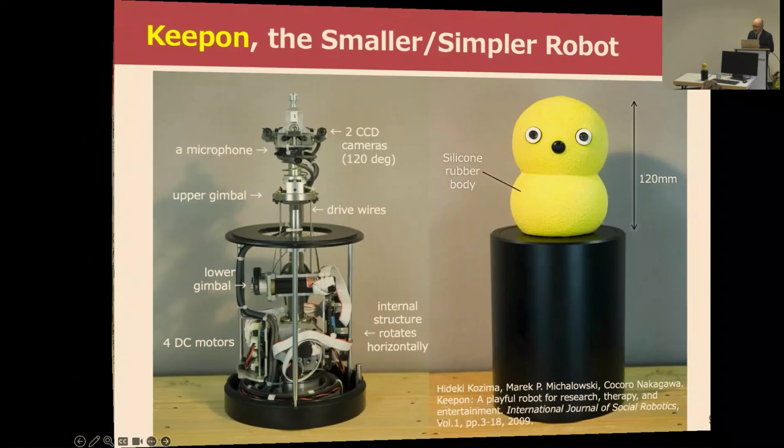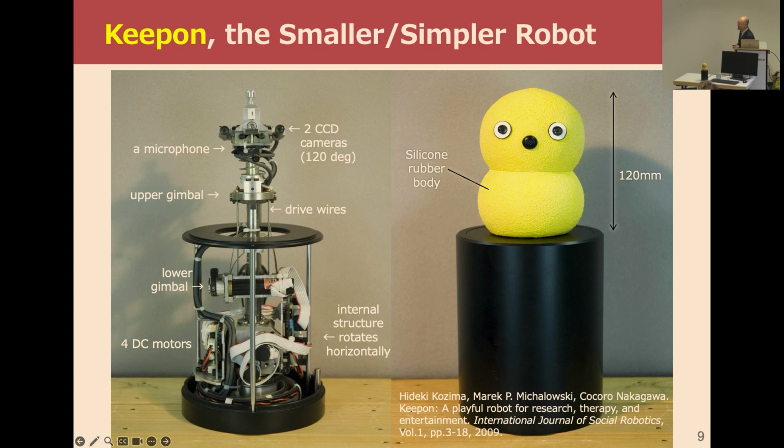So again, as I am an engineer and a designer, I built it, and that's Keepon. It's small and yellow, and soft. The body is made of silicone rubber, and as you see over here, the inside of the rubber-made skin is almost hollow, so the baby can naturally squeeze it.